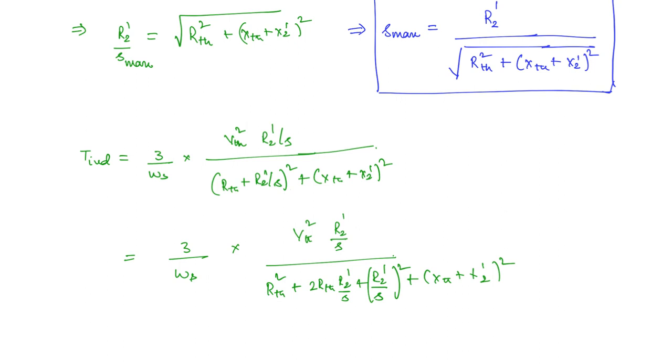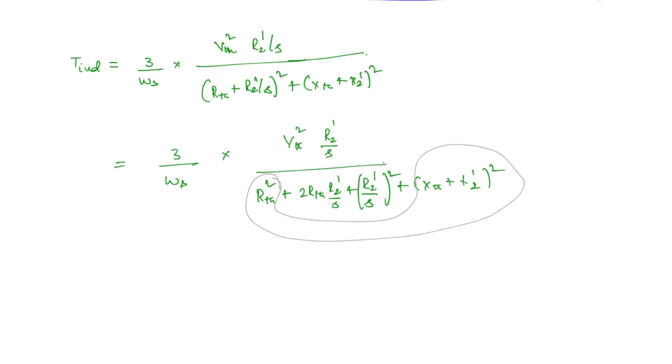But we know that at the maximum torque condition, R2 dash by S is equal to root over RTH square plus XTH plus X2 dash whole square. So that means these two terms here we can write as R2 dash by S whole square, okay? So you're going to get 3 by omega S into VTH square R2 dash by S divided by 2 times RTH R2 dash by S plus R2 dash by S whole square.